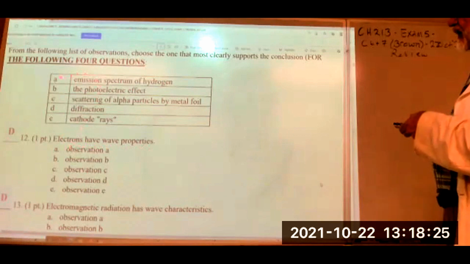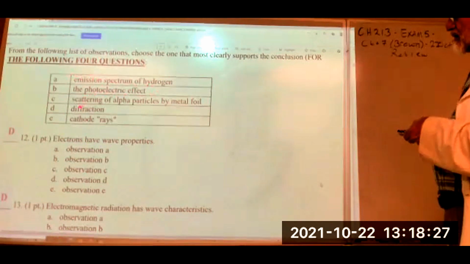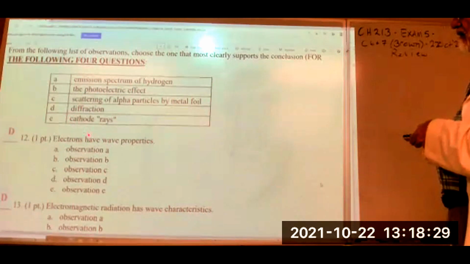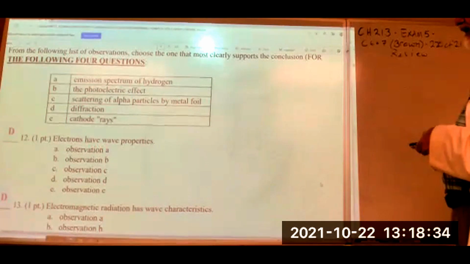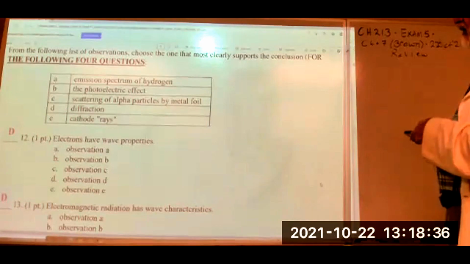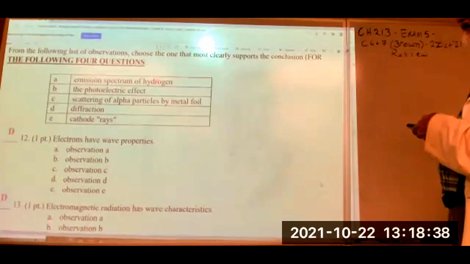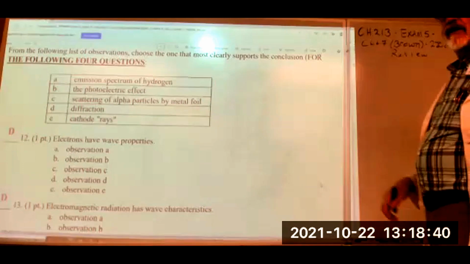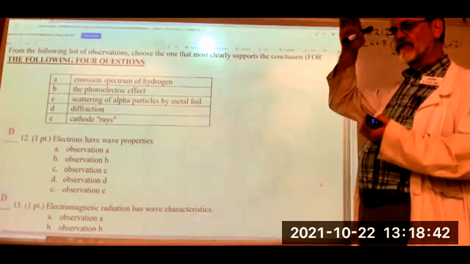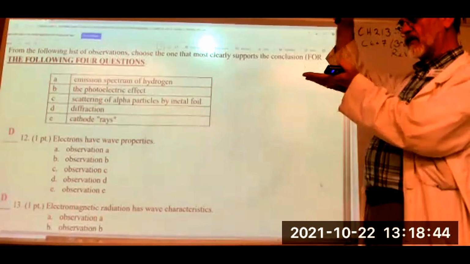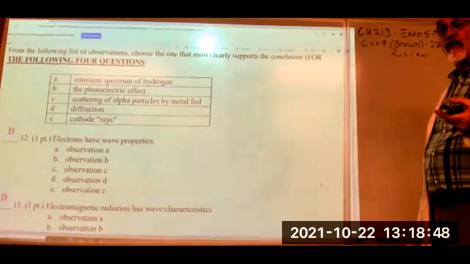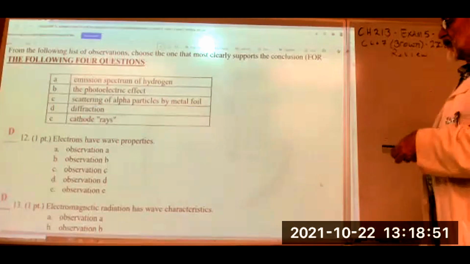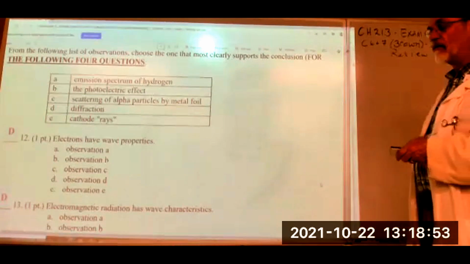I think these statements are supported by this fact. The emission spectrum of hydrogen, no, that's Bohr's model of the atom, where the electron moves from one level to the other. Doesn't have a wave property. In fact, Bohr's model assumes that the electron is a particle.